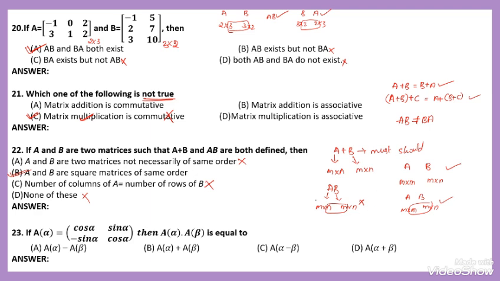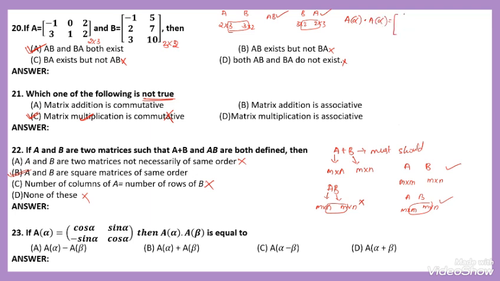So I will take the multiplication here, A of alpha into A of beta.